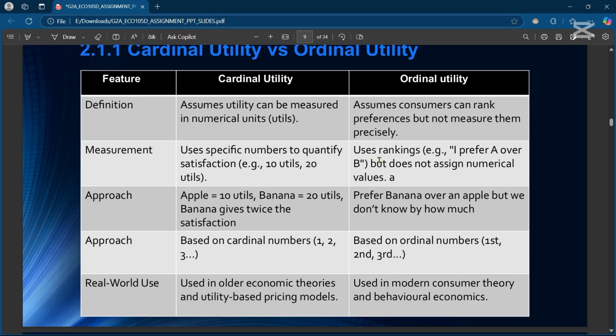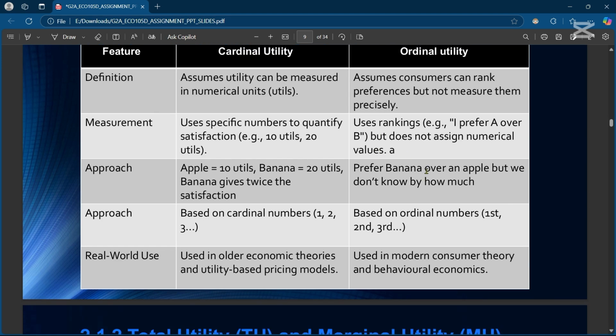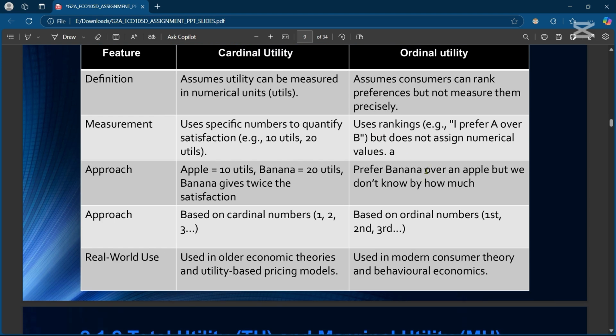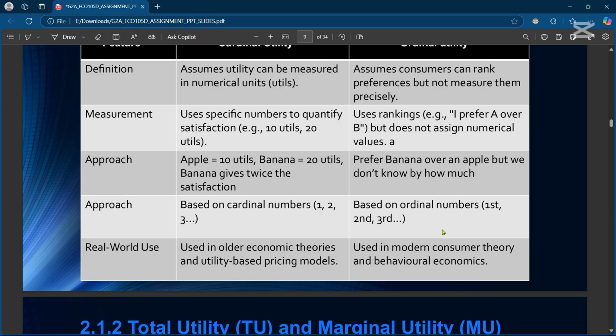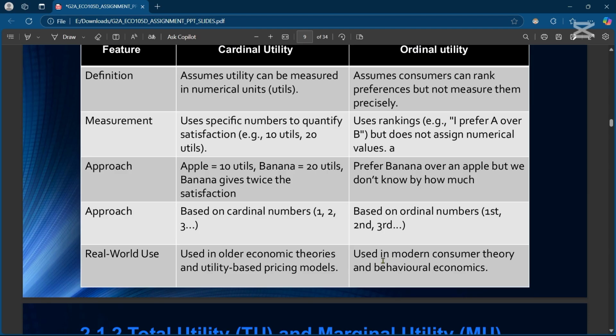I prefer tea more. Ordinal utility is based on ordinal numbers like first, second, third, which is used in ranking. Ordinal utility is used in modern consumer theory and behavioral economics.